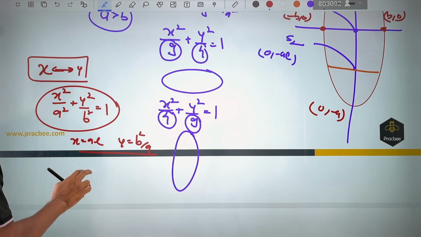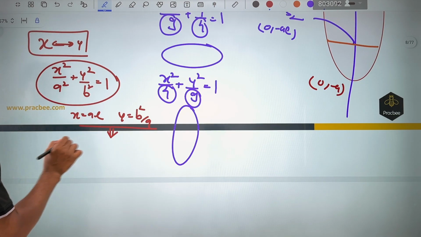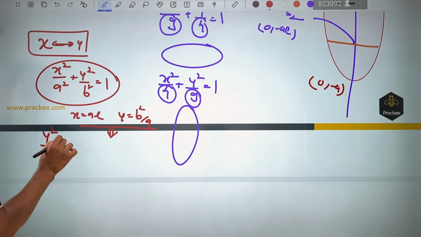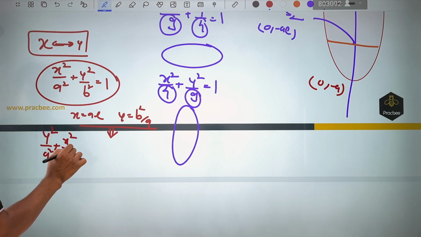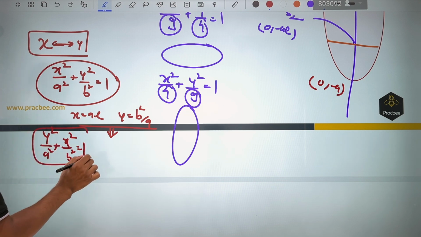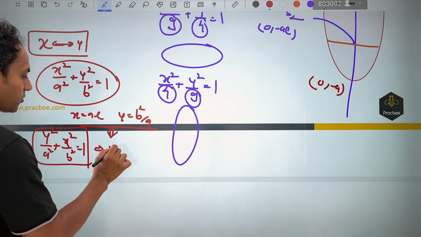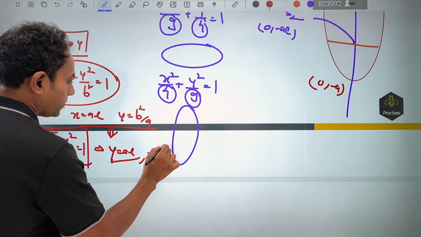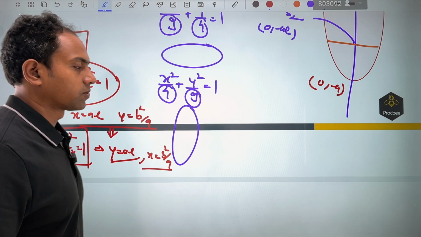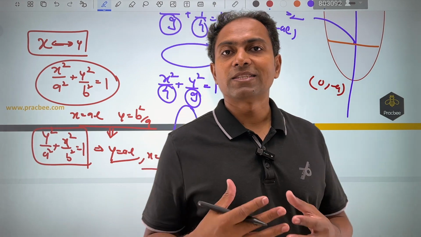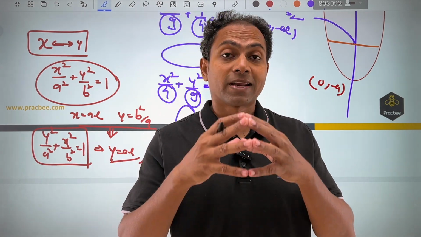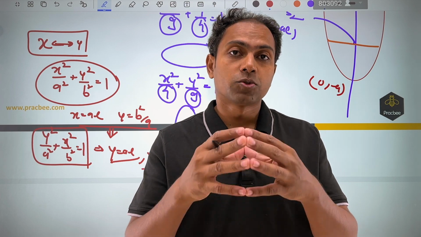So this was one extremity. If I want to write the same result but in the context of y square by a square plus x square by b square equal to 1, all you need to do is replace x by y. We will write this as y is equal to a and x is equal to b square by a. With this simple transformation, you will be able to write each and every result without even remembering. So you only need to remember the standard case, and rest of the cases should automatically come through it.